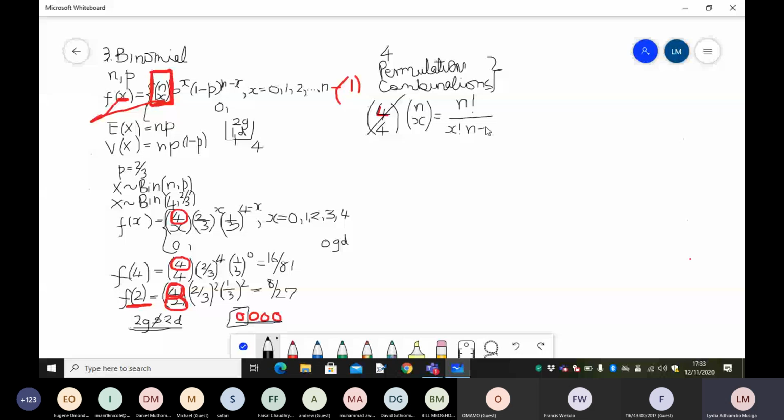So you can either use the calculator, like that friend of ours who asked how he can do that on the calculator, but it is also good to understand the basics behind it.